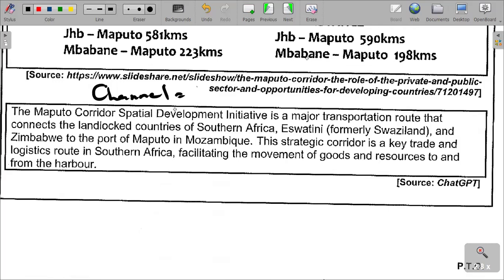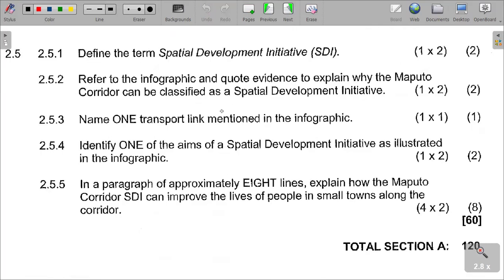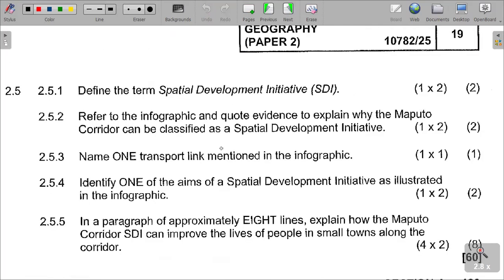Let's quickly answer the questions that follow. Define the term Spatial Development Initiative.